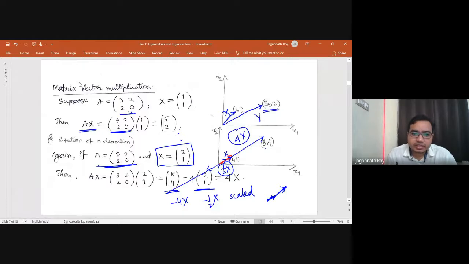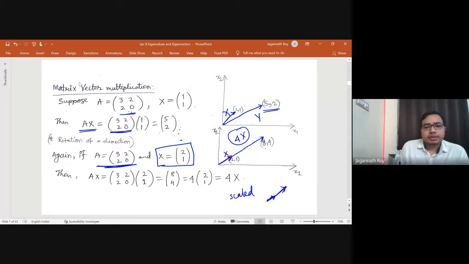Now, if you have a small round shape or anything else and you want to scale it, you have to keep all the directions the same and scale it.